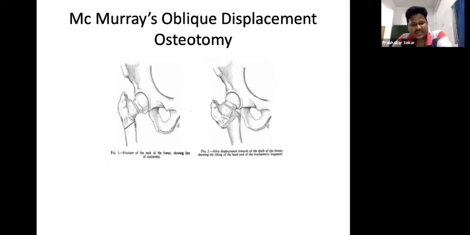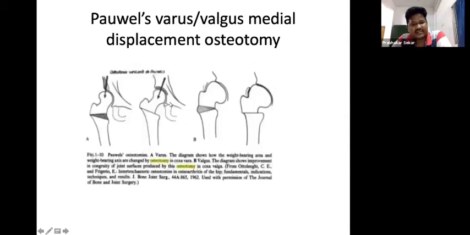McMurray's oblique displacement osteotomy, the main aim is to shift the longitudinal axis in line with the proximal, thereby achieving compression of the fracture site and union. Here a piece of bone from the medial aspect is taken at the lesser trochanter level, that is the intertrochanteric level, then you displace the distal fragment medially.